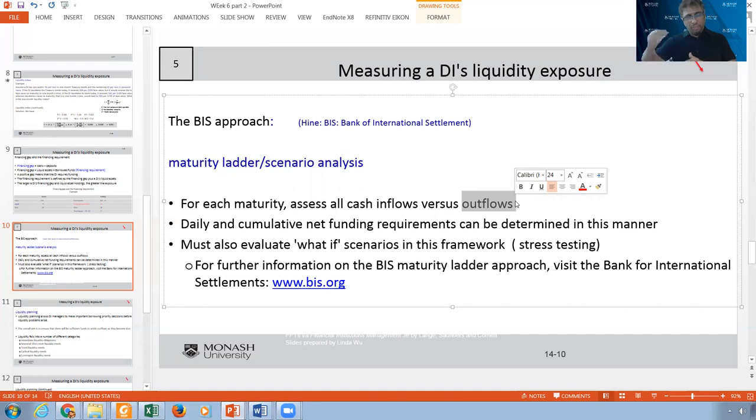So the bank has to show what it is going to do under different scenarios. There is more information here if you want to see about the stress testing.